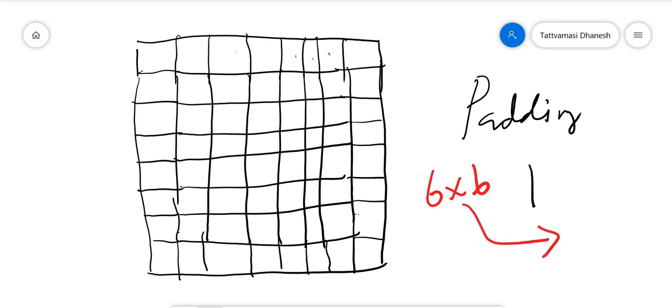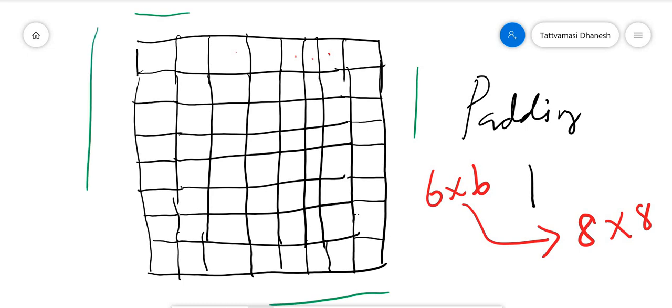The 6 by 6 image becomes 8 by 8 for a padding of 1. Again, if you do one more layer like this, the padding becomes 2. Surrounding this, if you put one more row and column, then the padding becomes 2. For a padding of 1, the 6 by 6 image becomes 8 by 8.